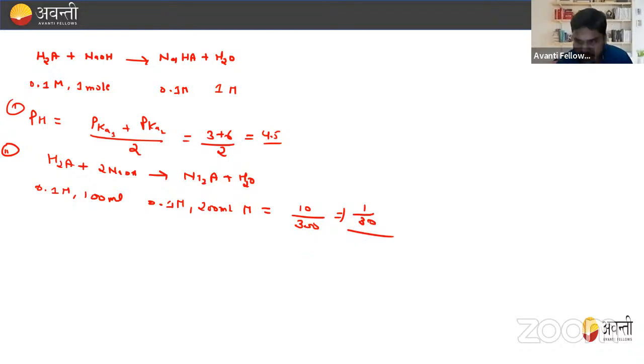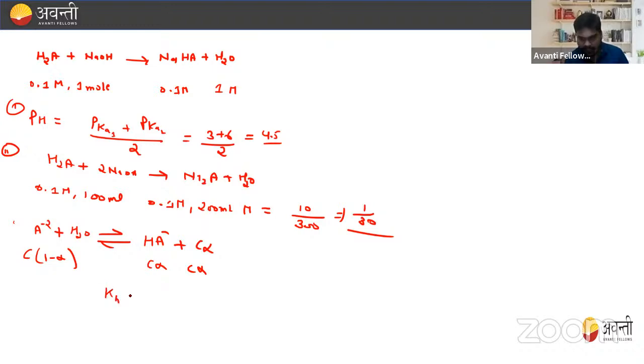Clear? Now, A minus 2 reacts with H2O to form HA negative plus OH negative, where alpha is the degree of dissociation. This is C(1 minus alpha), which will form C alpha, C alpha.